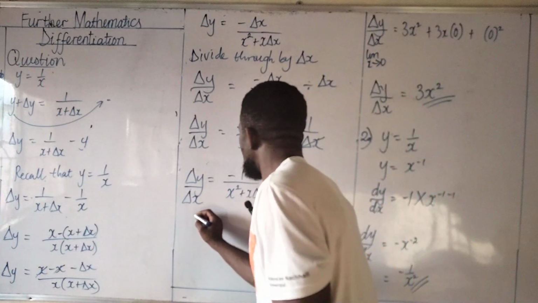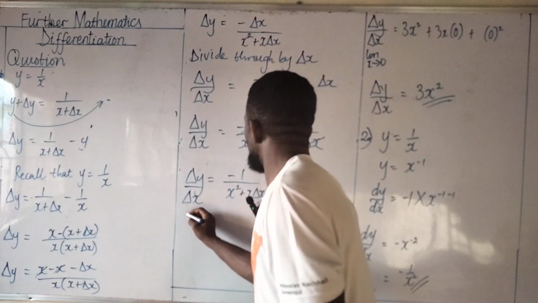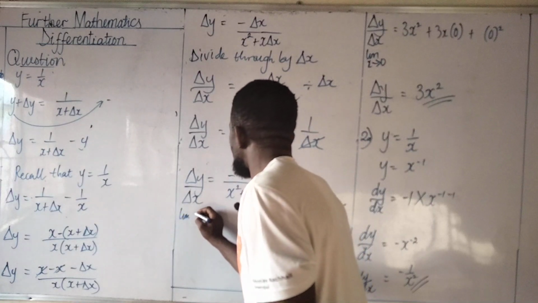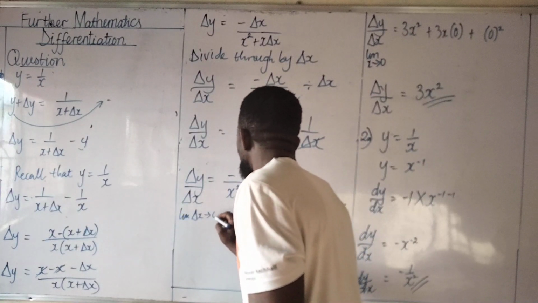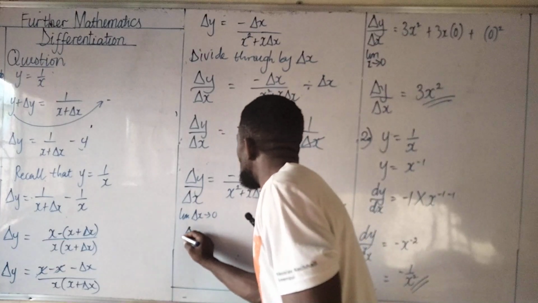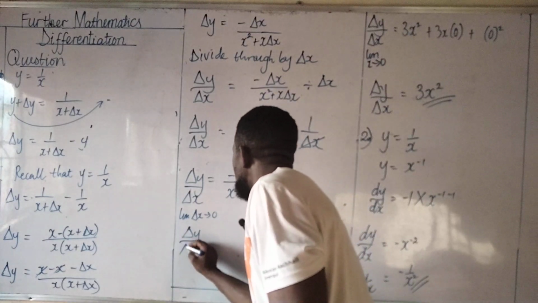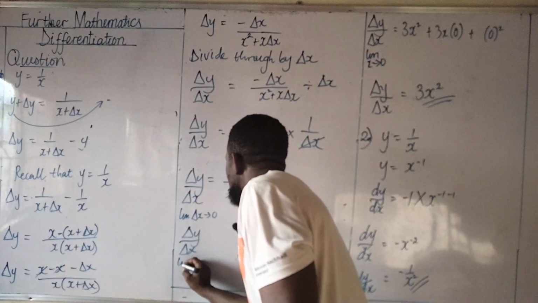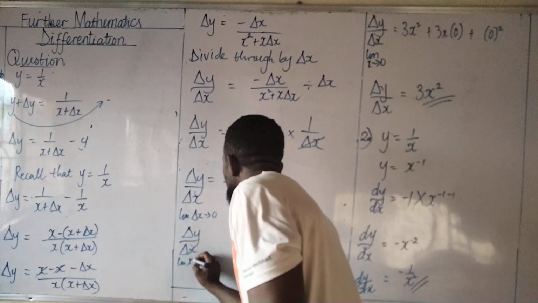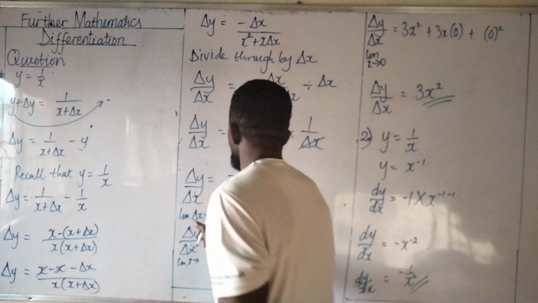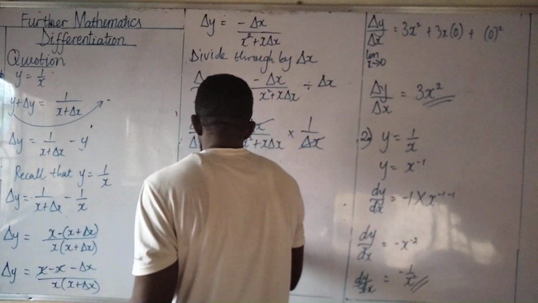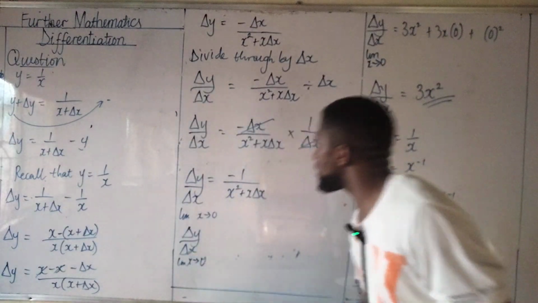Now, take the limit as changing x tends towards 0. We're going to have changing y over changing x, limit as changing x tends towards 0. You can see it here.